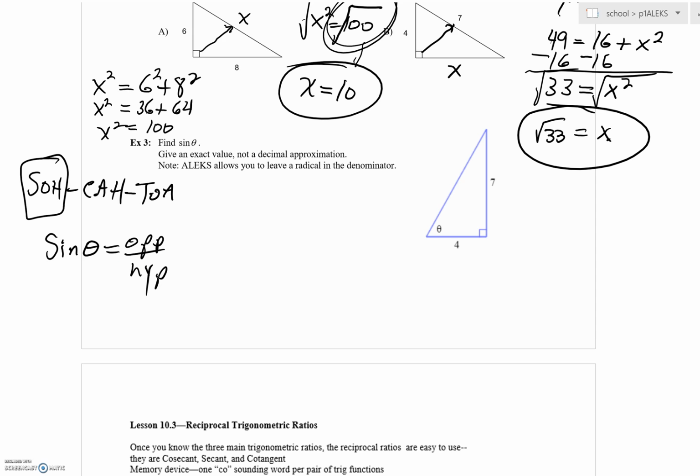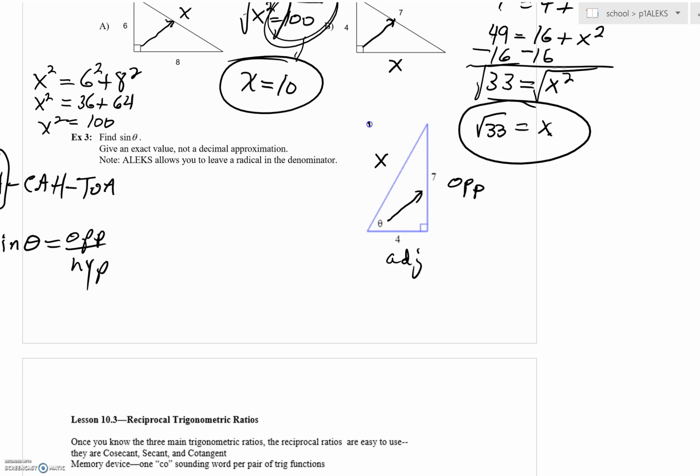They're not giving you all three sides. So we've got to work this out. Which side is opposite in this triangle? From theta, that's your 7. How about 4? 4 is adjacent. And the hypotenuse, they didn't even tell you. That's part of the problem. You'd say, wow, I'm not getting that. Well, you've got to find the hypotenuse to be able to finish this problem.